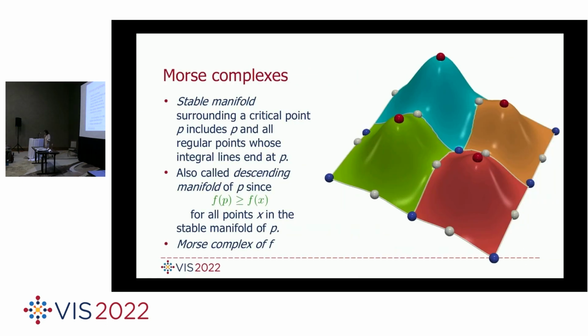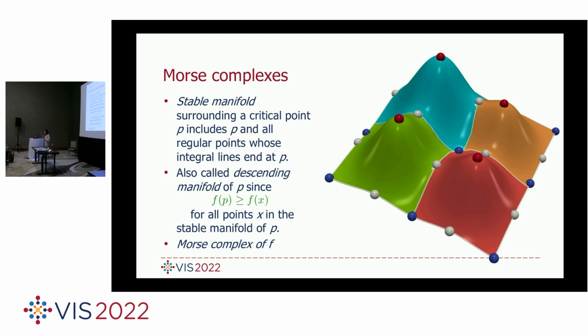So this is what's called a Morse complex. If I have a two-dimensional function, a stable manifold, which is each of those colored pieces surrounding a critical point, in this case a local maximum, is the critical point itself and all the regular points whose integral line ends at this point.